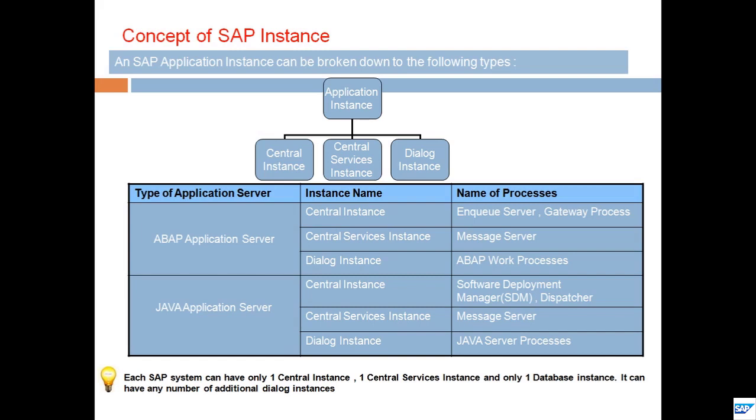An SAP instance is basically defined with a system ID. As I showed previously, we identify the SAP system by its SID, and an instance number. As we've seen, the SID contains 3 characters and the instance number is a 2-digit number, like 00, 02, 99. Similarly, an SAP instance is identified with a system ID and instance number.